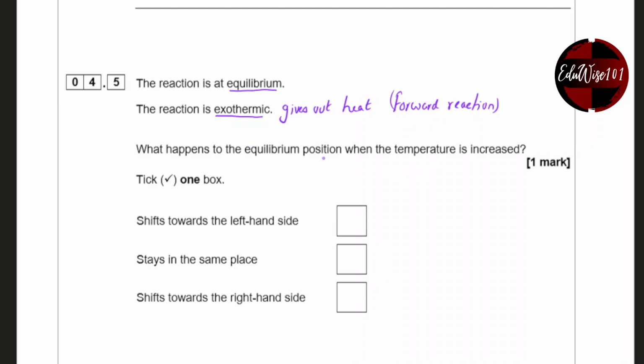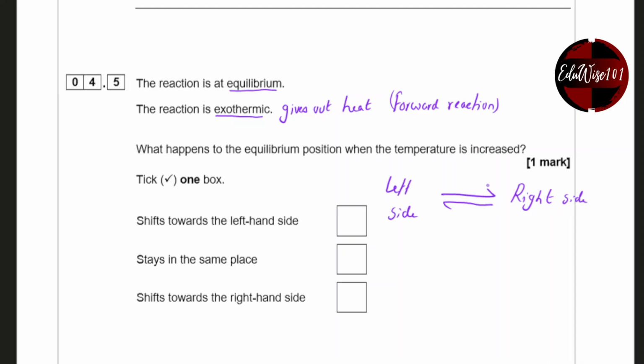What happens to the equilibrium position when the temperature is increased? Now, if you increase the temperature, the chemical reaction will try and do the opposite. It will try and reduce the temperature. So remember, the arrow was basically like this. This is your right hand side, this is your left side.